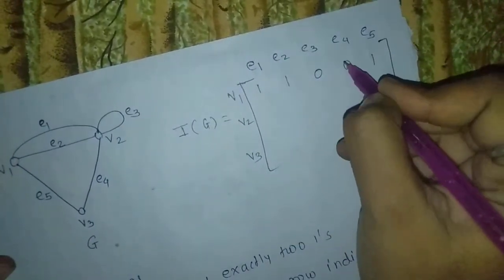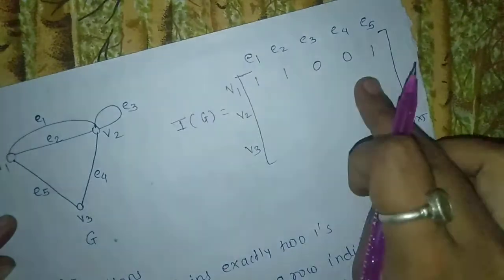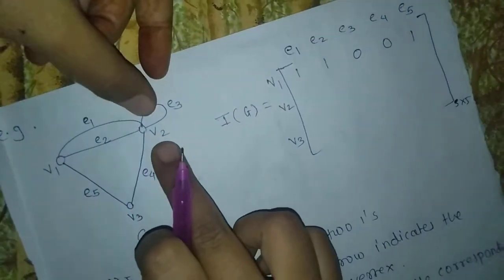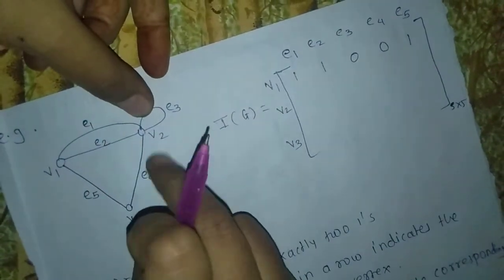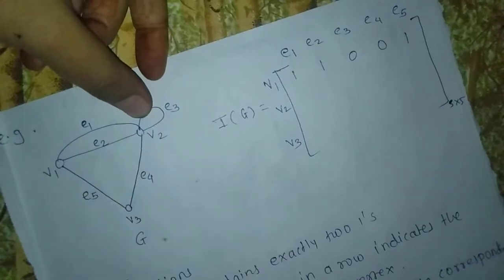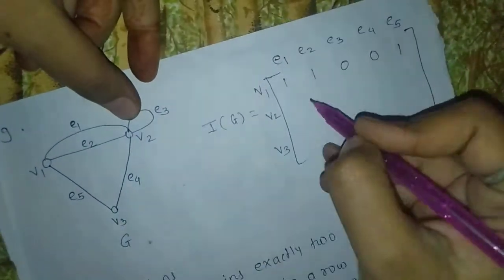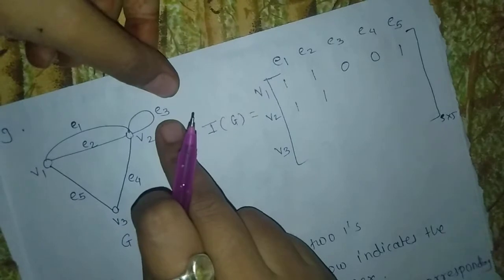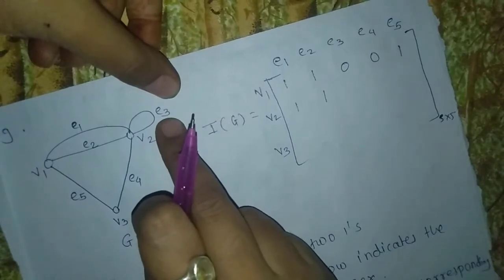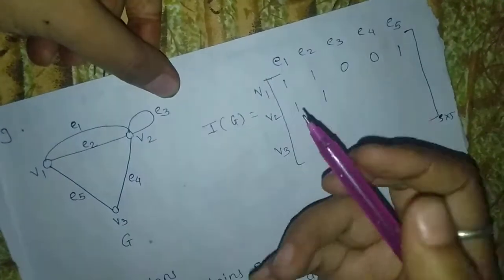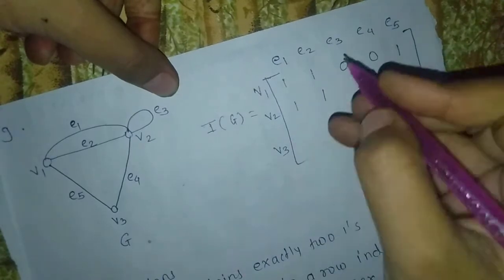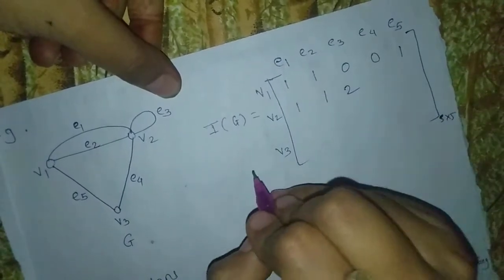Other entries become 0. For V2, second row, here you can see that E1, E2, E3, E4 are incident on V2. So for E1, E2 write 1. For E3, E3 is a loop, and for a loop we write 2 in the incidence matrix. So write here 2.